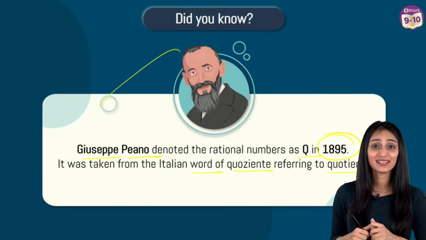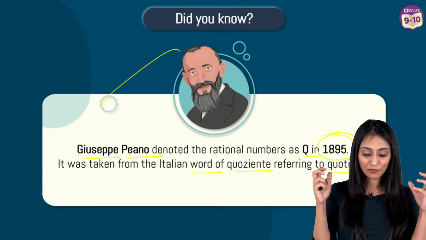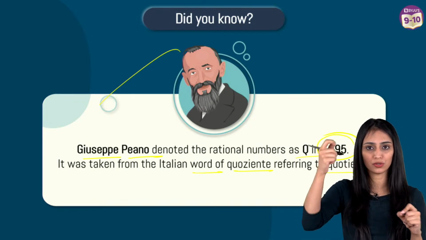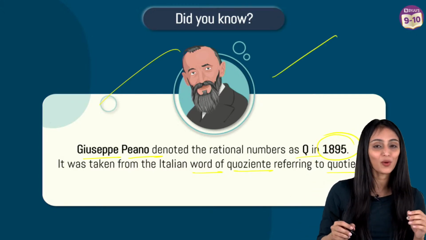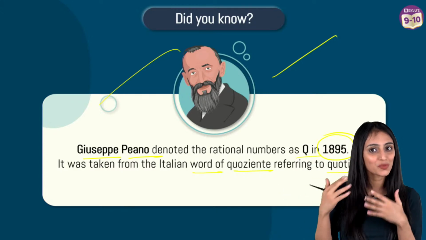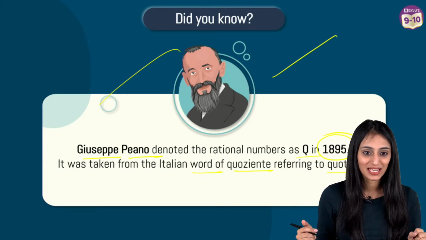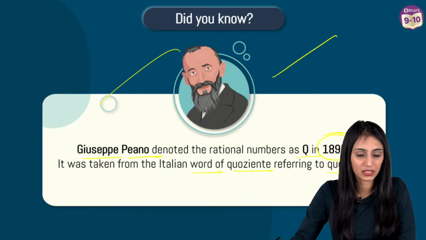So did you know all these things? We never read all such things. Our focus is only on learning the concept. Achha, this is how I have to solve this question. This is the method. That's all we do in maths, right? We don't ever look for all these things like who gave this, how this was actually invented. So isn't it interesting to know all such things? Yes, you are right, Yug. Absolutely. Amazing fact. Yes, Swati?